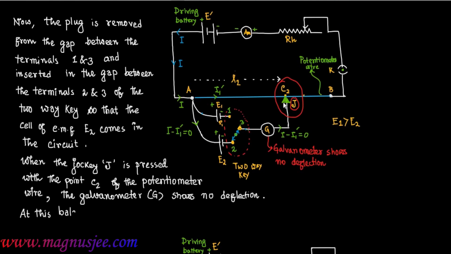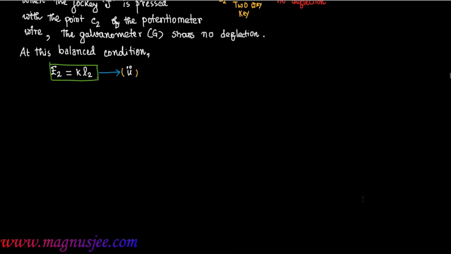At this balanced condition, E2 is equal to KL2. That means the potential difference across the arm AE2C2 will be equal to the potential difference across the portion AC2 of the potentiometer wire. We get E2 equal to K dot L2, where K is the potential gradient of the potentiometer wire.